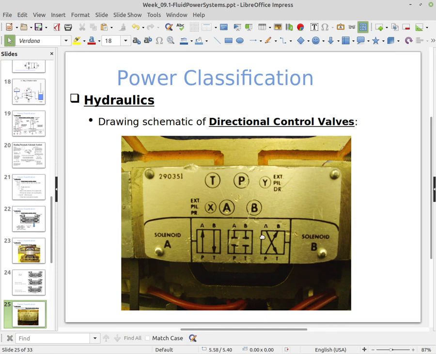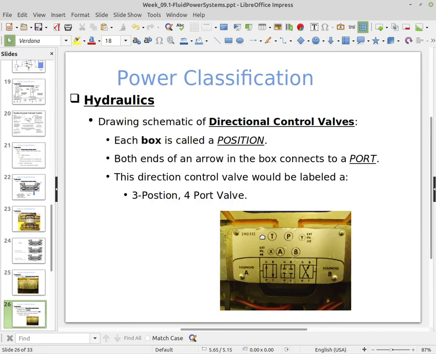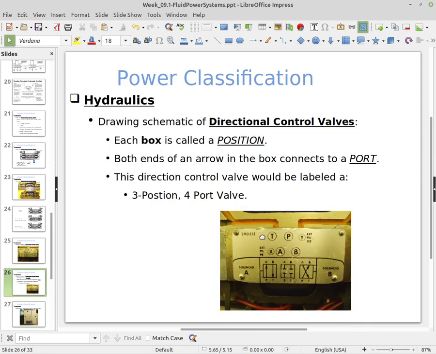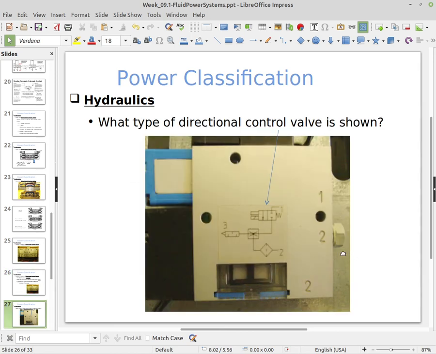Alright, so there's just a close-up of the schematic drawing of this valve. Okay, so each box is referred to as a position, and each open spot that we are going to connect, either the A and the B to our actuator, or the pressure hose and the tank hose, are ports.